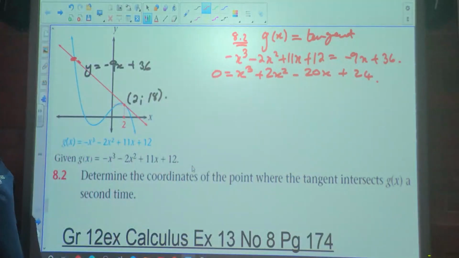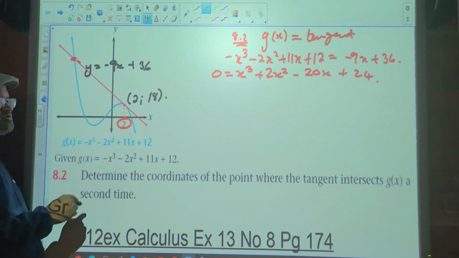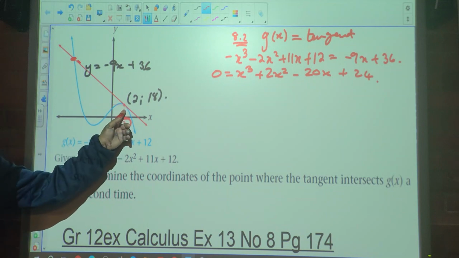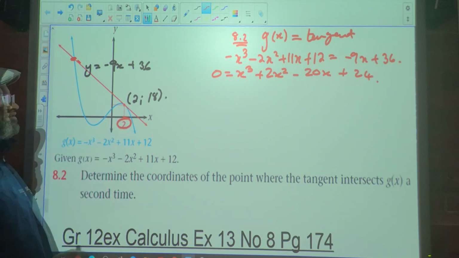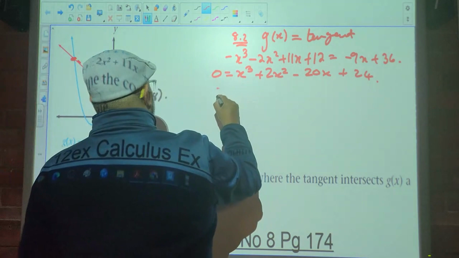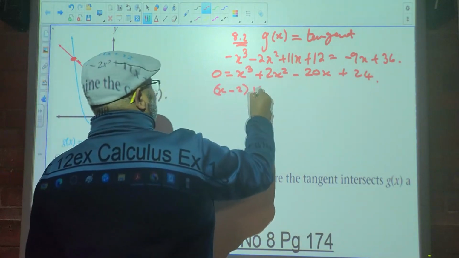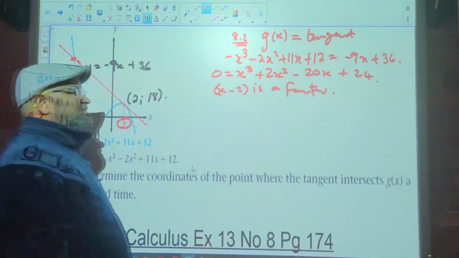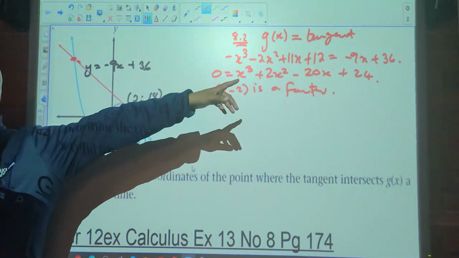People, but we are sure about one factor. The factor that we are sure about is 2. So we know it's intersecting here already. So we know that x minus 2 is a factor. If you don't trust yourself, you can put 2 through there.